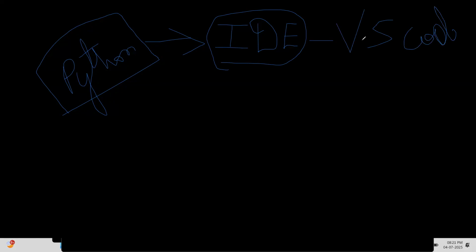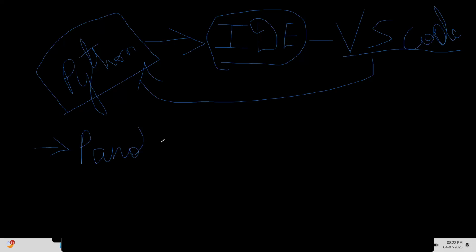We'll download Visual Studio first on Windows, and then in the extensions we can download the Python programming language. In that, we'll be installing libraries called pandas and NumPy.